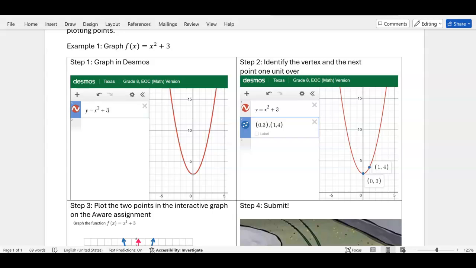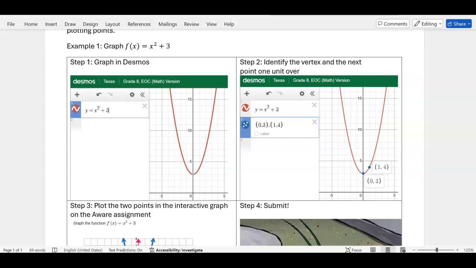Now, do you see it right here where I'm highlighting? Okay, you need specifically the vertex. Now, do y'all know what the word vertex means on a parabola, a quadratic? That's some vocab we're going to go over tomorrow. But let me tell you, the vertex is where it changes direction.